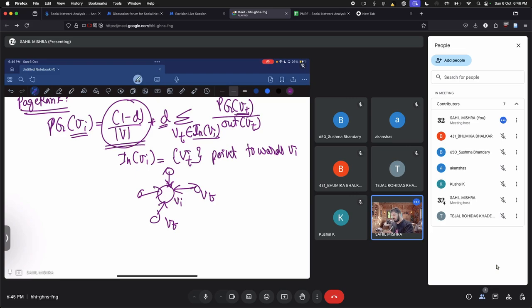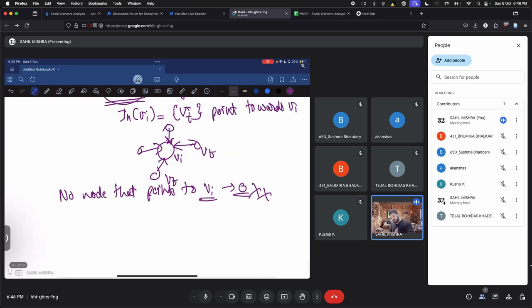And then we add this term as well. So consider there is no node that points to vi. Does it mean it will get PageRank 0? No. It should have some PageRank value. So that PageRank value is determined by this factor here. This PageRank value is basically 1 minus damping factor divided by number of nodes.